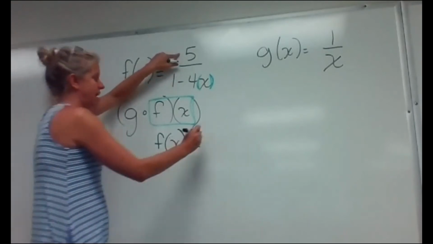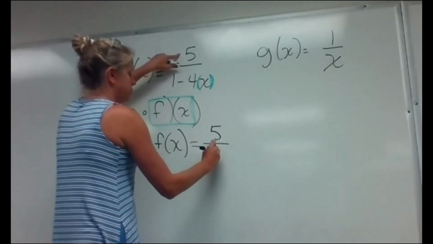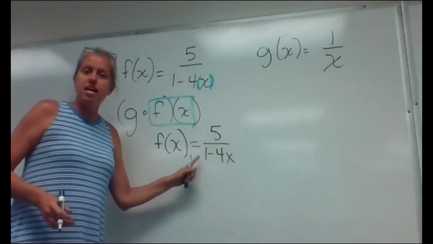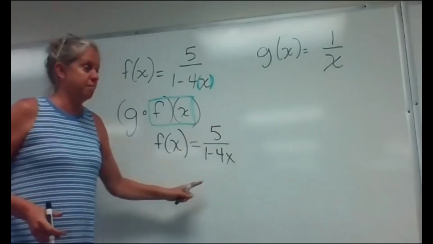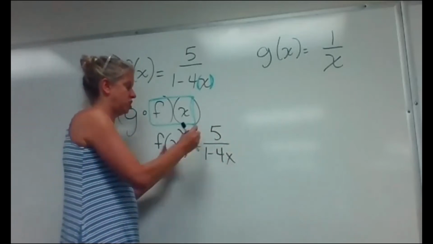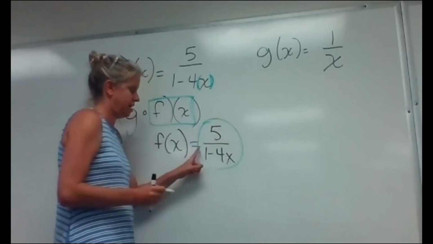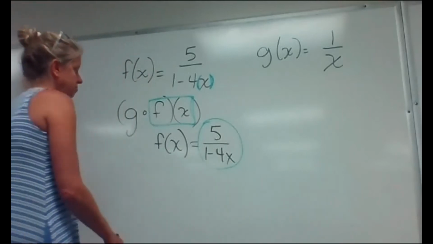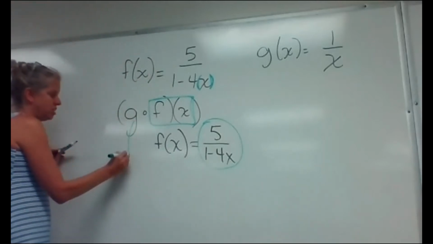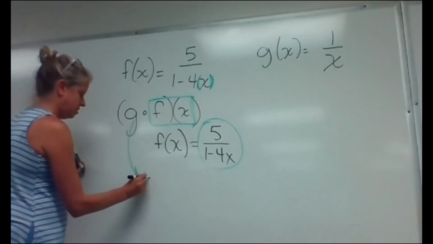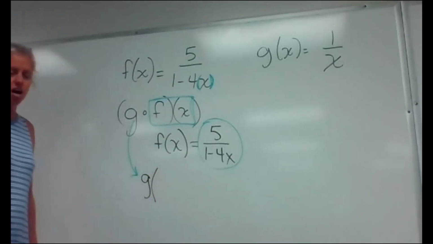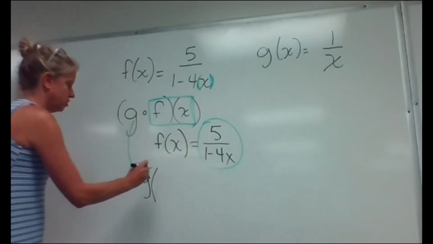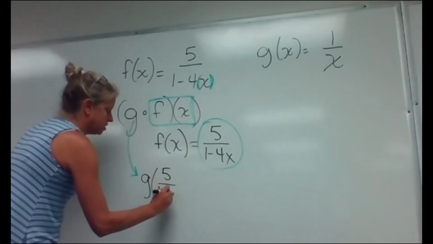F of x is 5 over 1 minus 4x. Now, there's the first half of the problem, right? I am going to have a restriction on this domain. So let's just remember that when we're doing domain. This part is going to give me a restriction. I'll find it later. What do I do now? I bring down the g. And what are you finding g of? Whatever the last part of the problem was: 5 over 1 minus 4x.